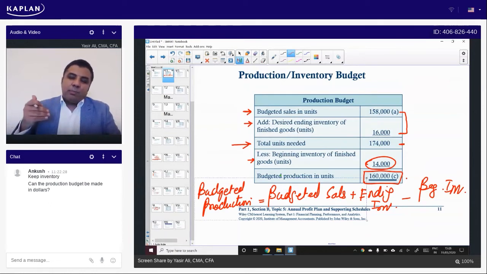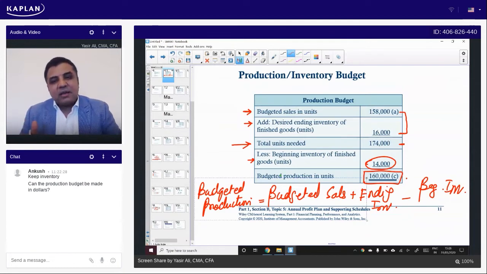So the production budget can be multiplied by the cost to manufacture one unit, and accordingly a dollar amount can be calculated. So yes, it can be calculated, and later as we move forward, especially when we see cost of goods sold, the dollar numbers will come into the picture, right?